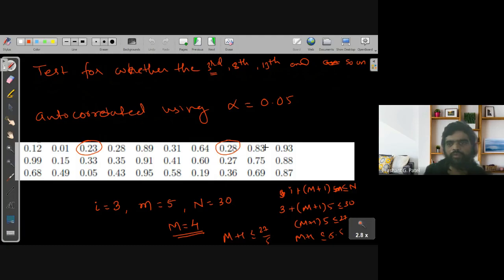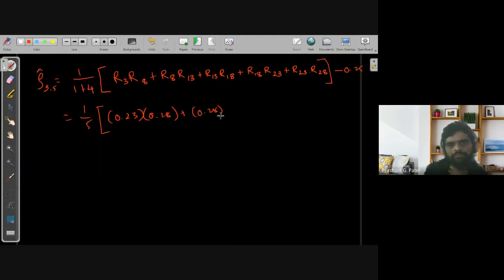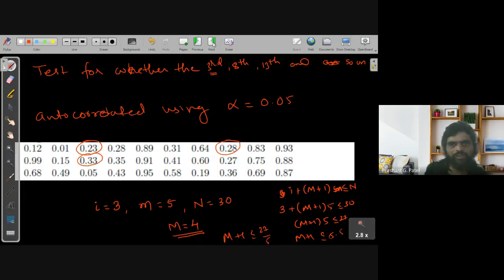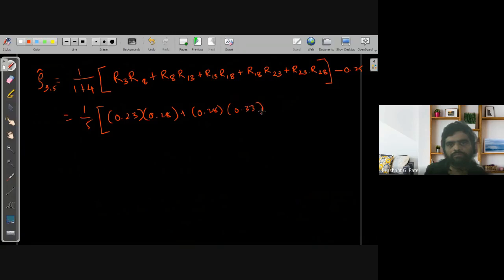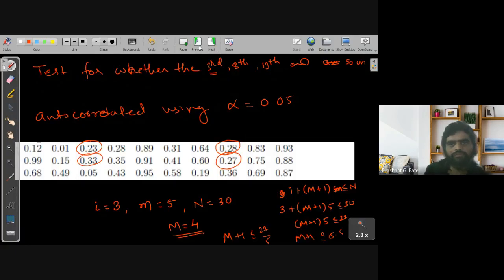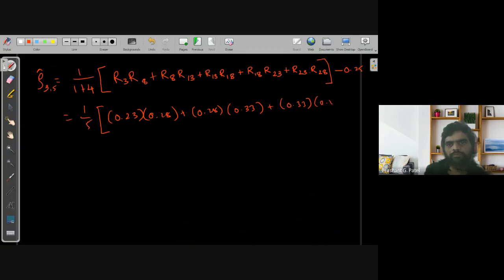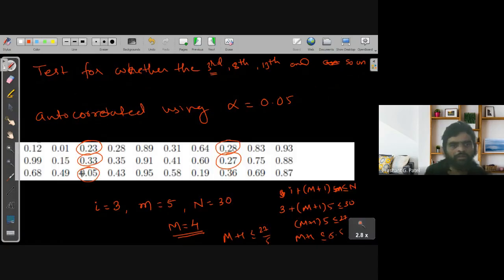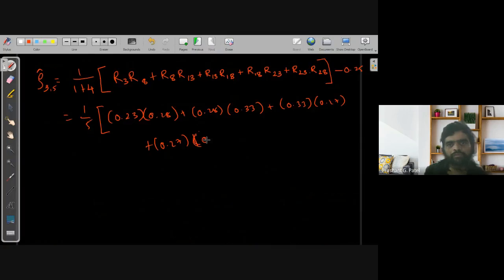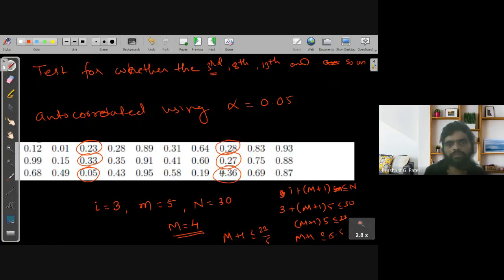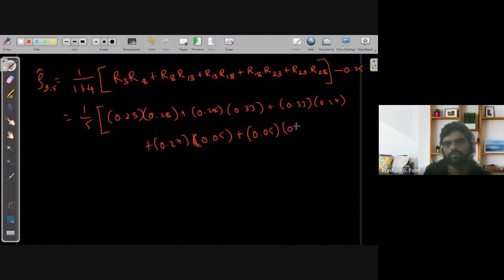R8 is 0.28, then R13 is 0.33, plus 0.33 into R18, which is 0.27, plus 0.27 into R23, which is 0.05, plus 0.05 into R28, which is 0.36, minus 0.25.